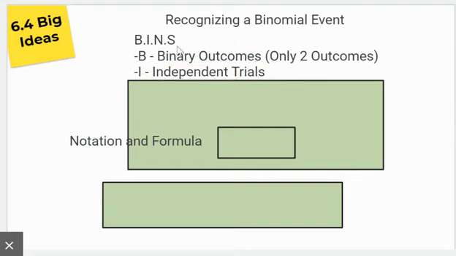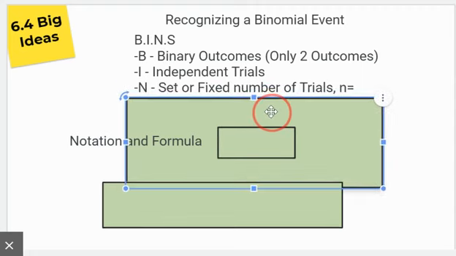All right, let's go to N. What does the N stand for? Well, the letter N in the world of statistics stands for your sample size. But for binomial probability, it stands for the number of trials. And in order for something to be a binomial event, there is a set, or a fixed, number of trials.